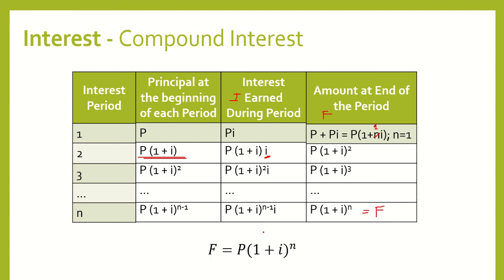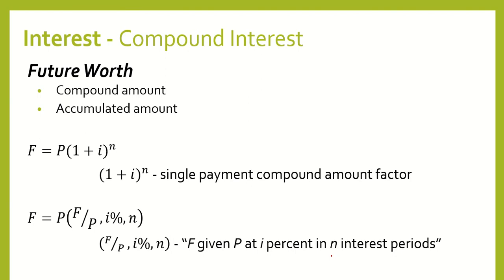So our formula again is this one. Next, now that F is again the accumulated amount or the compound amount, which is commonly known as the future worth of a principal or the present amount. Again, the equations are here.